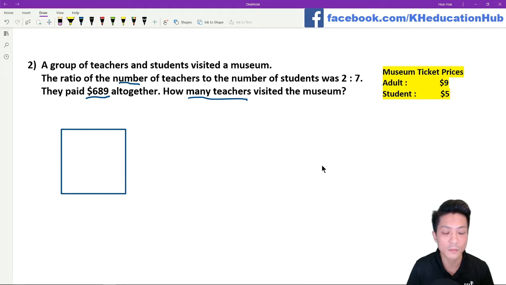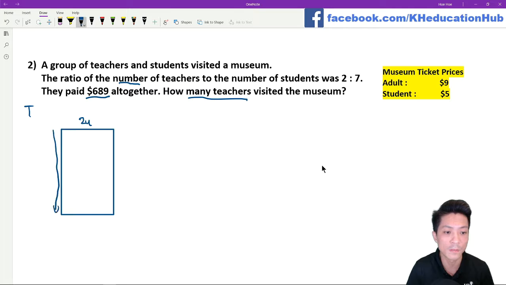Teachers will be 2 units multiplied by $9. So I'm going to draw a bit longer. So this will be for the teacher. The number is 2 units, and here to here would be $9.